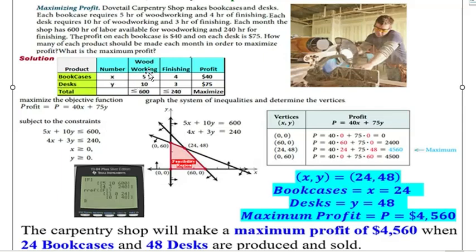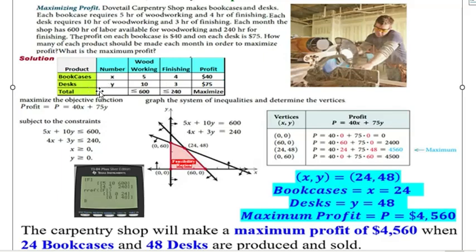Then the woodwork for the bookcases requires 5 hours and the finish requires 4 hours. And the profit is $40 each bookcase. And for the desk we require 10 hours for woodworking and 3 hours for finishing. And the profit is $75.